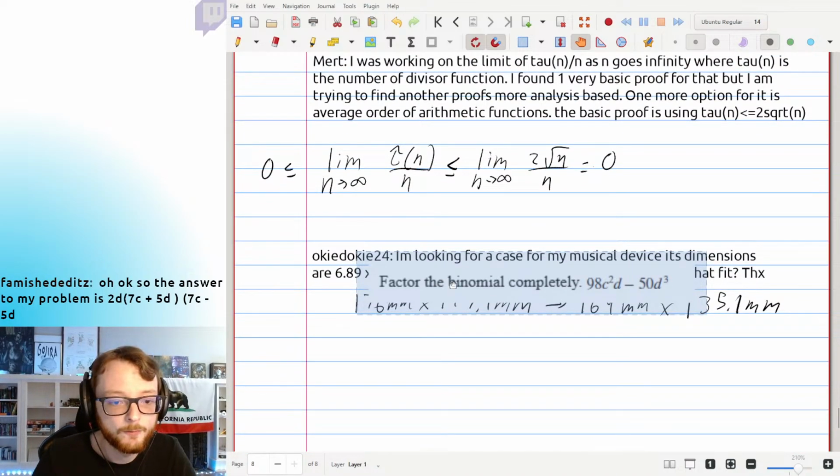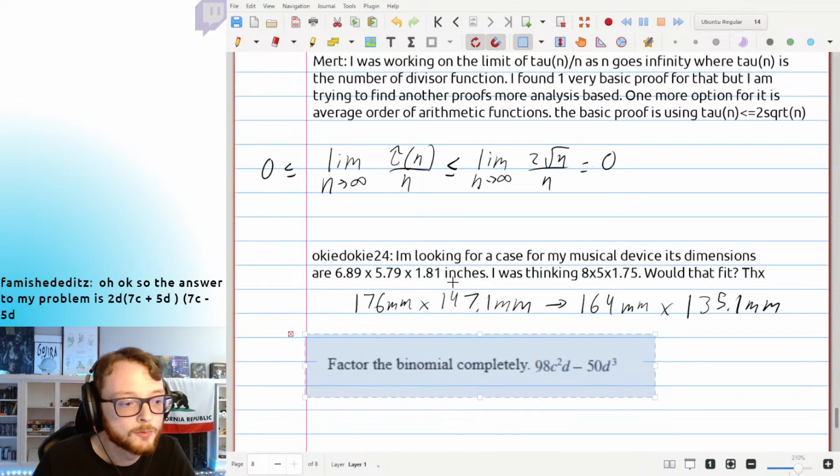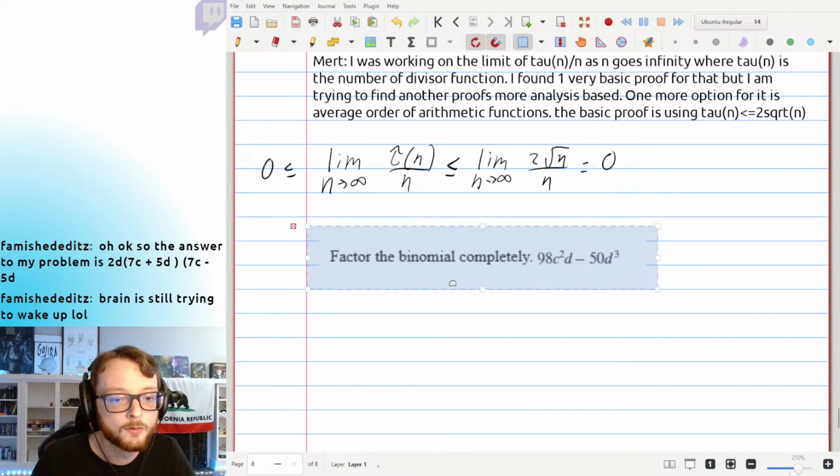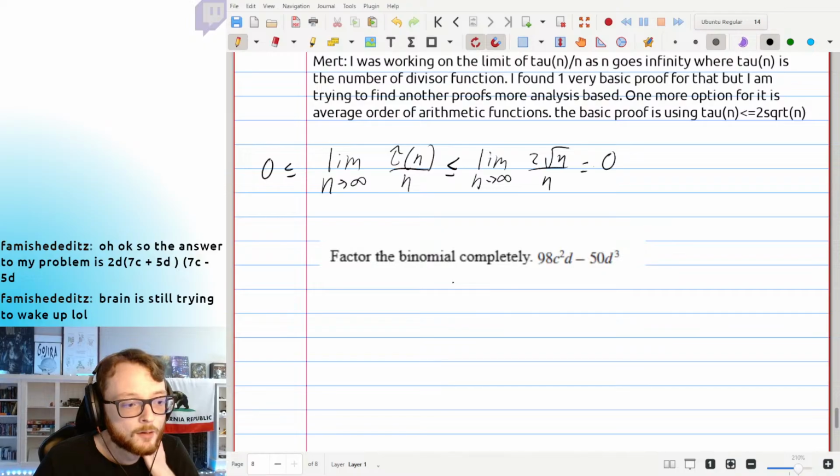Let me see if I agree with you, Famished. So yeah, we can definitely take out a 2 and a d in the first step. Let me rewrite the original problem.